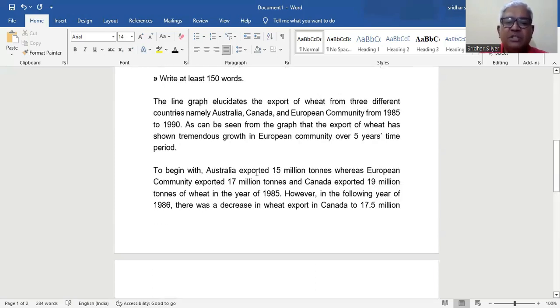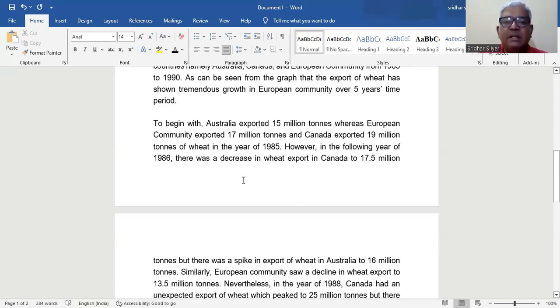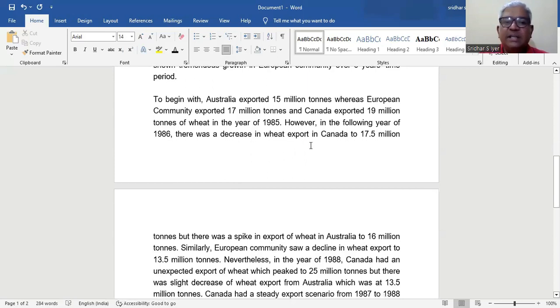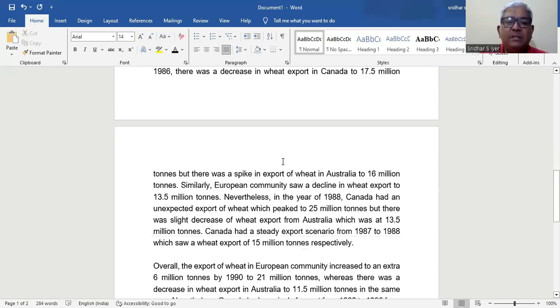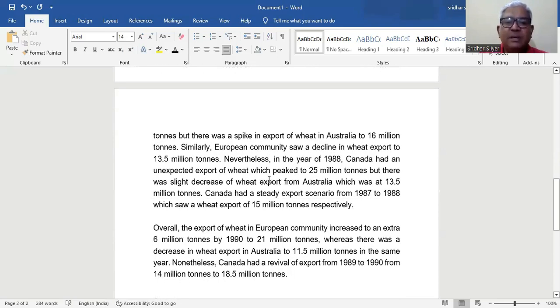To begin with, Australia exported 15 million tons, whereas European Community exported 17 million tons and Canada exported 19 million tons of wheat in the year of 1985.